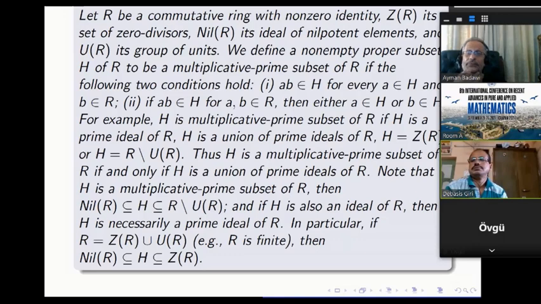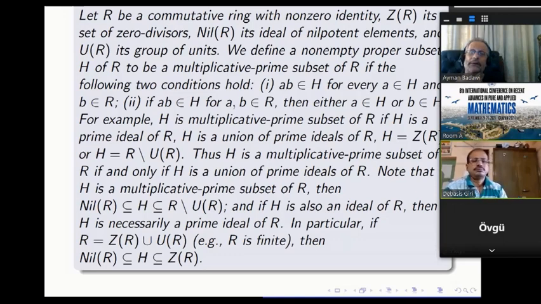And the second condition looks like the condition for a prime ideal. Whenever you have a product of two things in H, then I want one of them in H. Definitely, the set of zero divisors of any ring satisfies these two conditions.